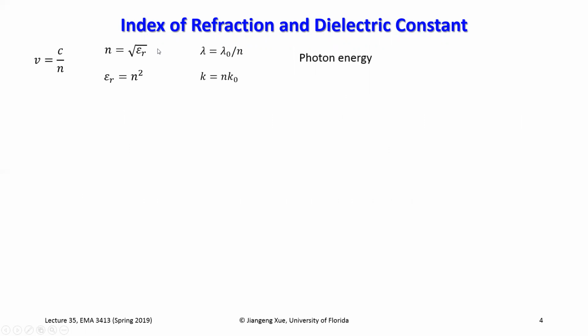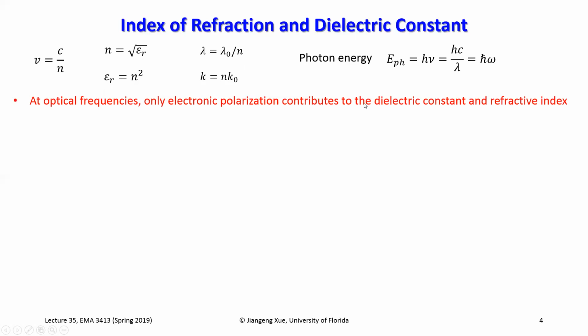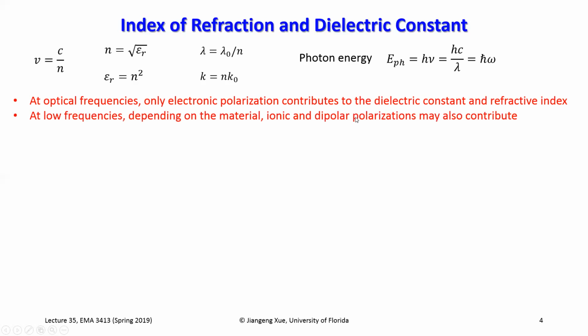So with the slowdown of the light wave, the wavelength will be reduced by the same factor, the index of refraction, as well, and the propagation constant or the wave vector will be extended. However, the photon energy remains the same because the frequency remains the same. At optical frequencies, we only have electronic polarization contributing to the dielectric constant. But obviously at lower frequencies, depending on the material, we may also have ionic and dipolar polarization.